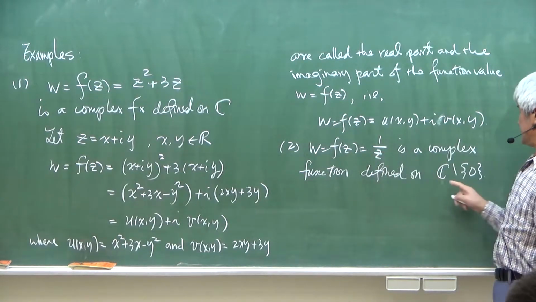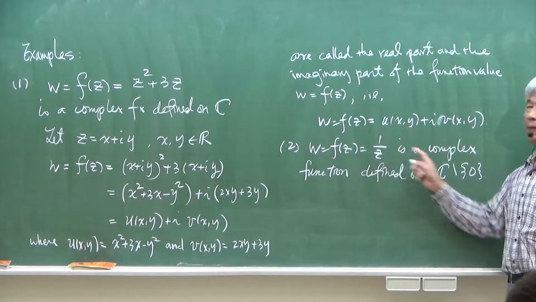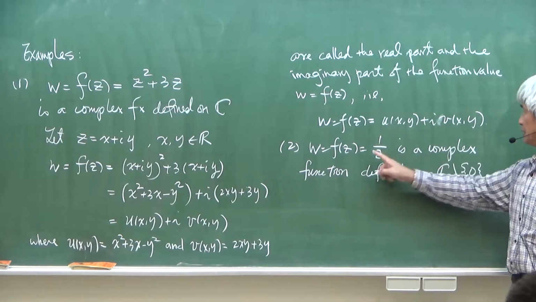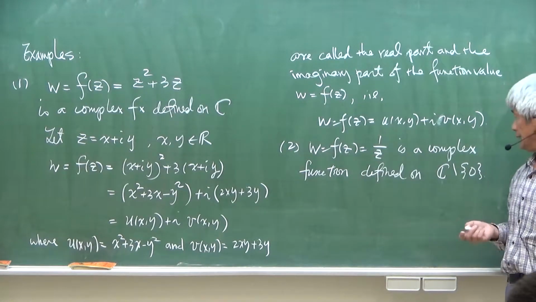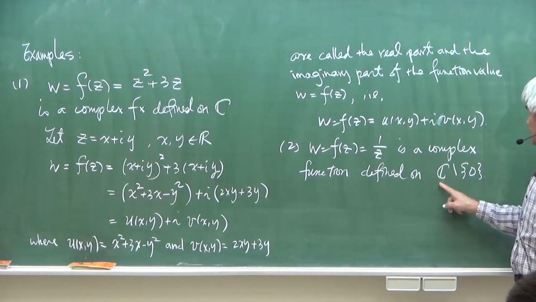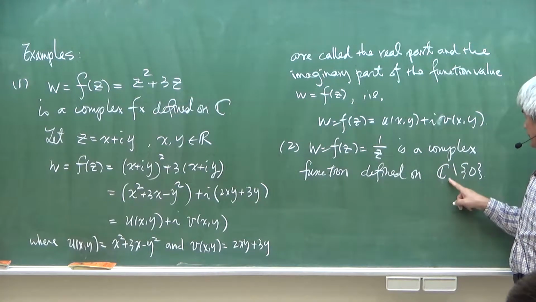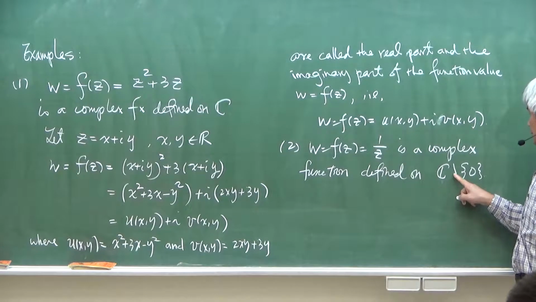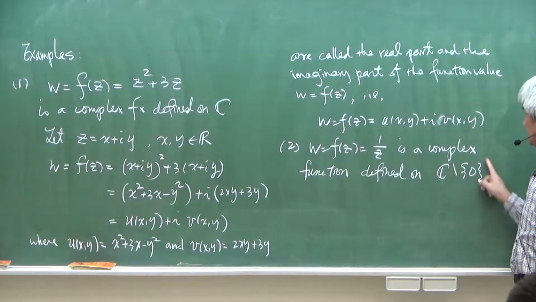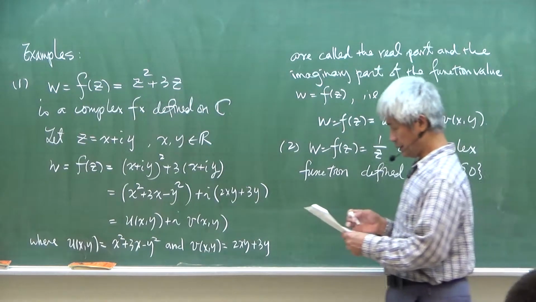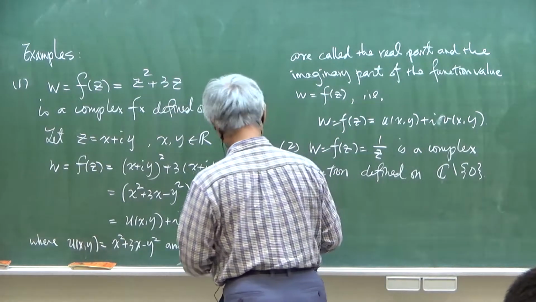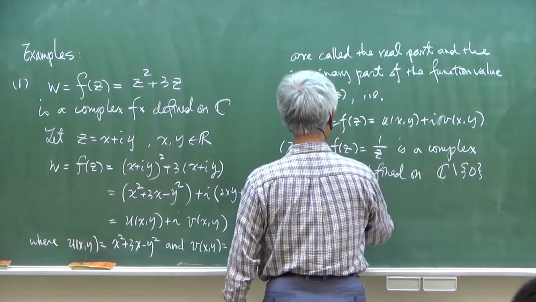Except for 0, we can put an arbitrary complex number here to get a value. So the domain is the whole complex plane with the origin deleted.